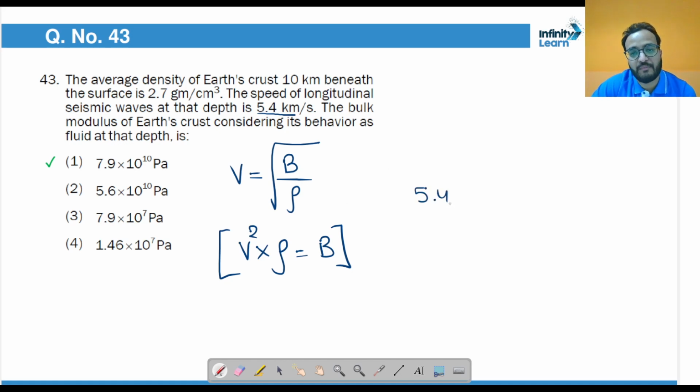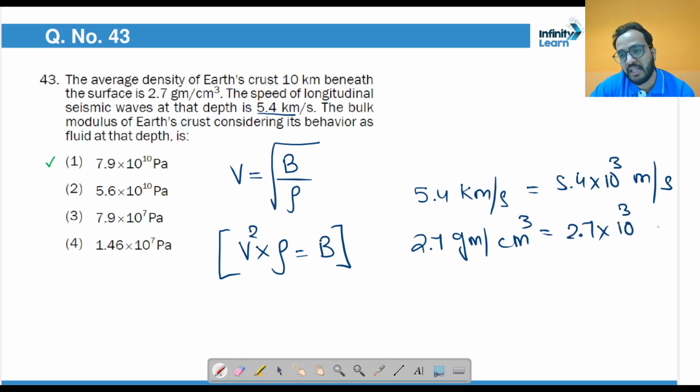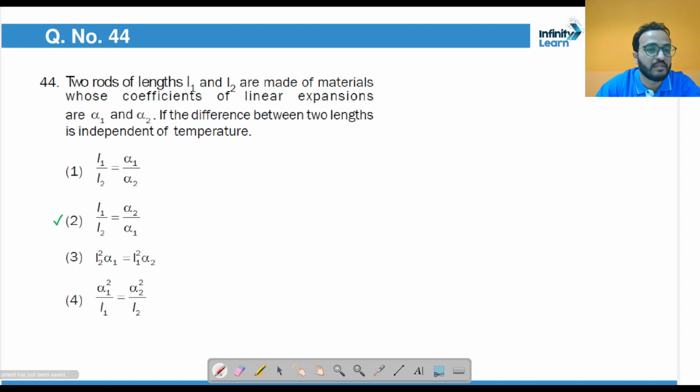I will express it. 5.4 kilometer per second means 5.4 into 10 to the power 3 meter per second, and 2.7 grams per centimeter cube means 2.7 into 10 to the power 3 kg per meter cube. Got it? Put in the formula, get the right answer.